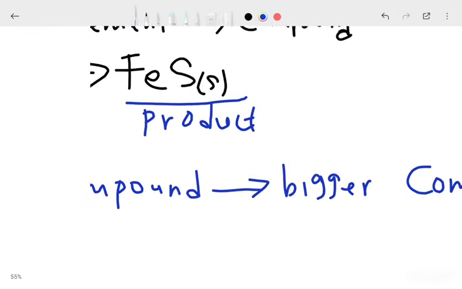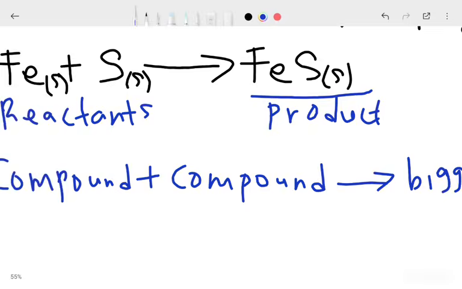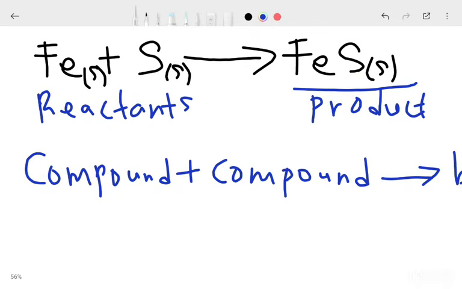Write it down. What did I say? I said it's not only elements that can react to form a new substance, or the product. Compounds too can react to form bigger compounds.